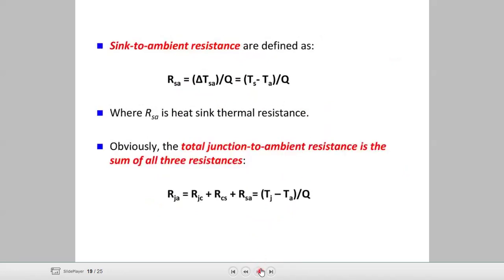Then sink to ambient resistance, which is the heat sink thermal resistance value. If you want to calculate temperature, you can use these formulas. By adding all these resistances, you get the total junction to ambient resistance, which is the sum of all three resistances. Finally, you will get Tj minus Ta by Q.